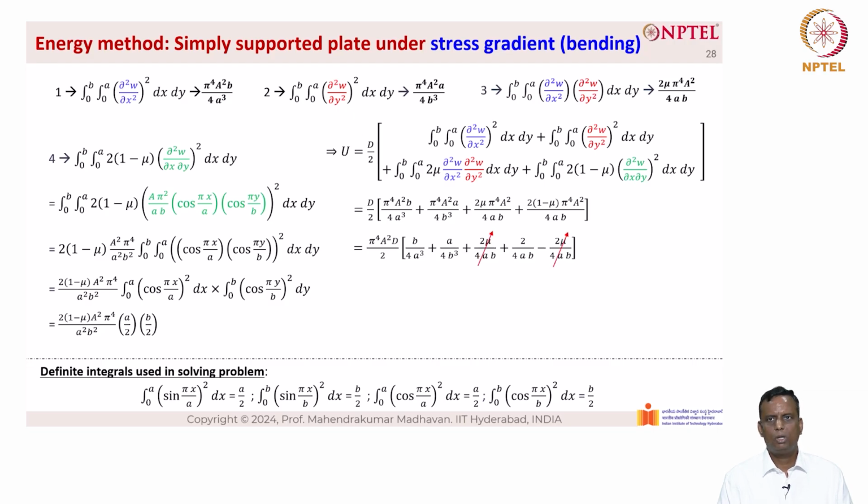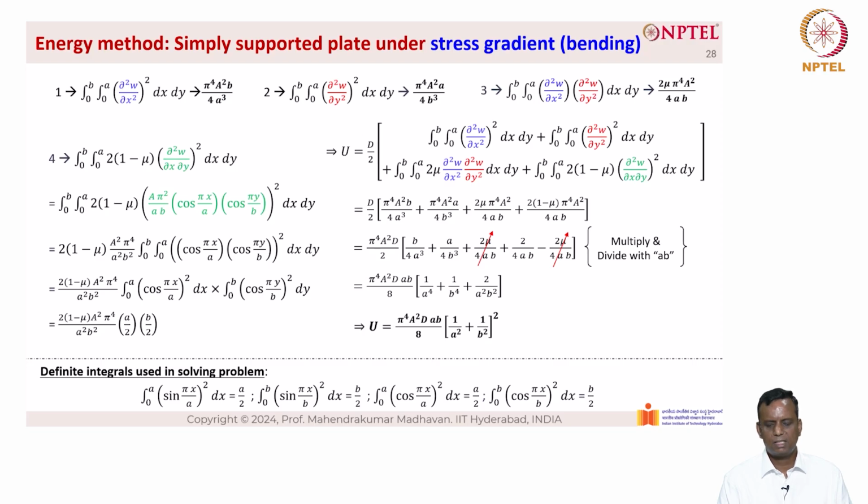So, we expand this one, we get two values that are shown in the brackets which can be cancelled, which is 2 mu by 4ab and minus 2 mu by 4ab. So, now let us multiply and divide with ab. We have this equation as you can see here, which can be further simplified as U equal to pi power 4 into a square into D into ab by 8 into 1 by a square plus 1 by b square, the whole square.